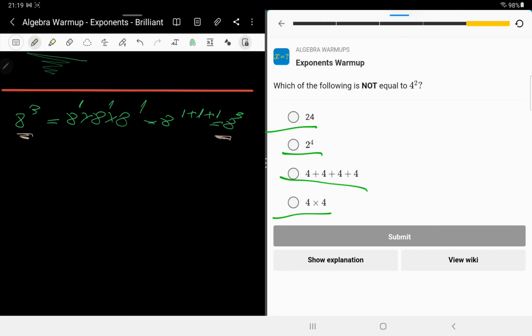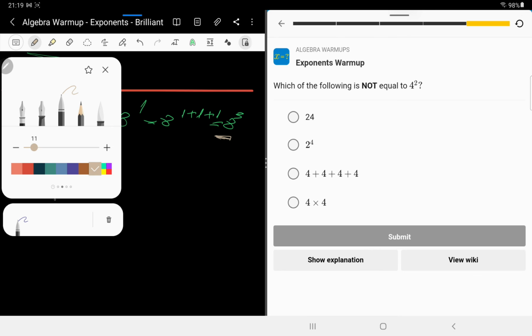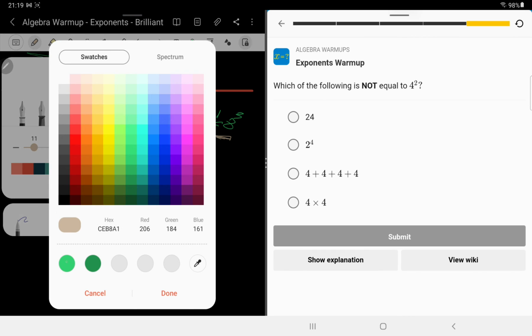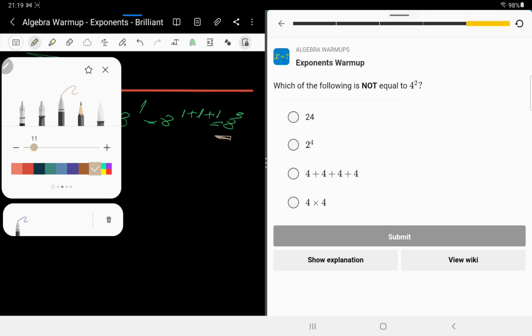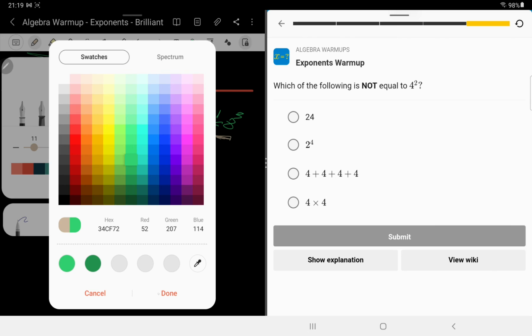First off, let's see. 4 to the power of 2 equals... So 4, let's try to be consistent here with the colors. Okay, so 4. Done.